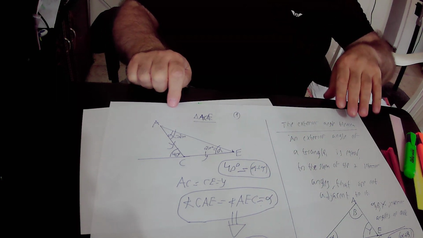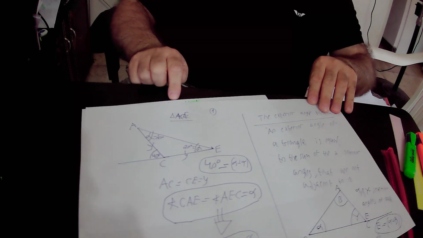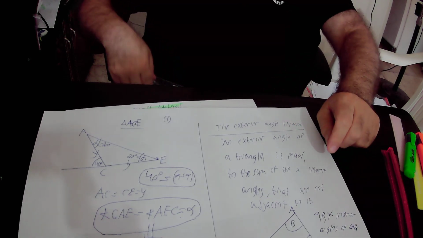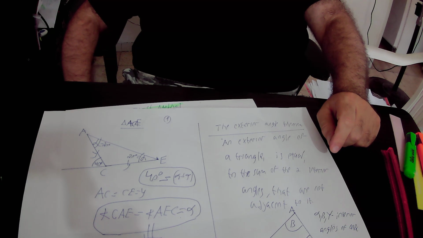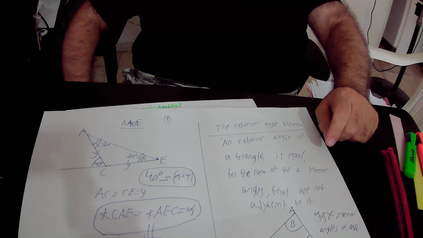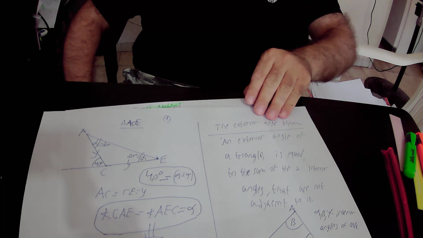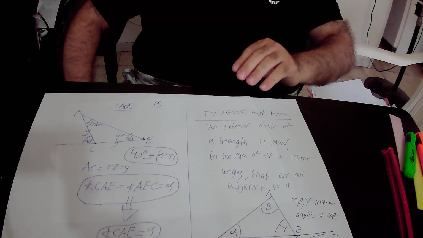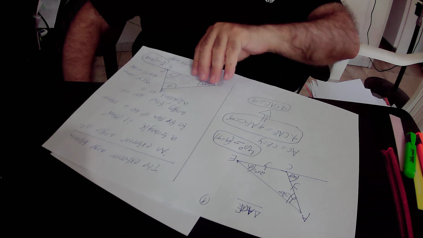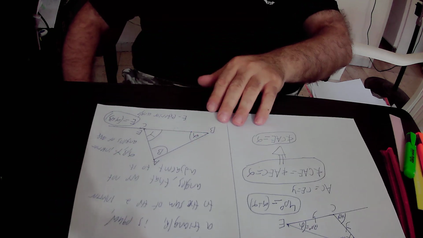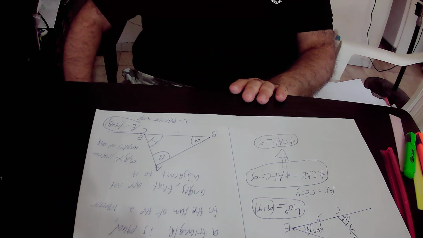Then I presented to you the external angle theorem. According to the external angle theorem, an external angle of a triangle is equal to the sum of the two interior angles that are not adjacent to it.